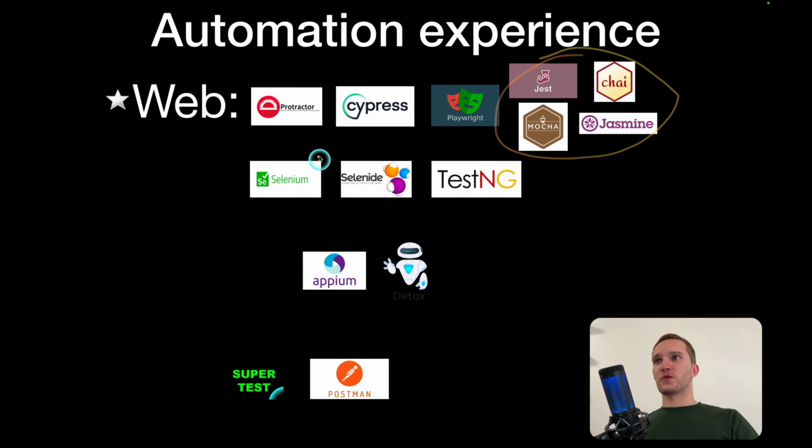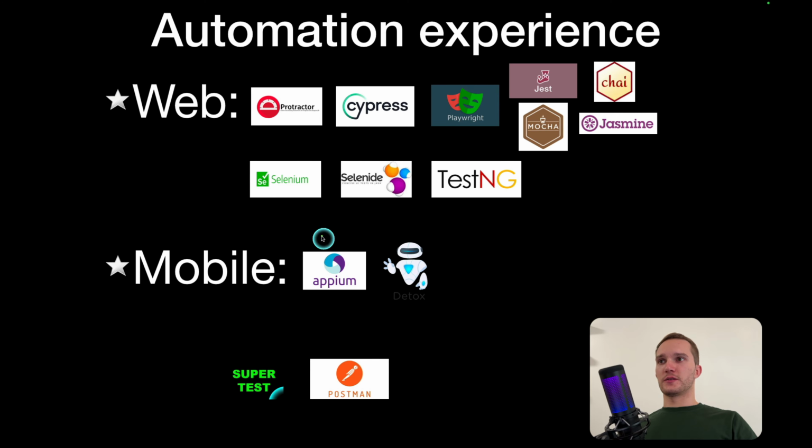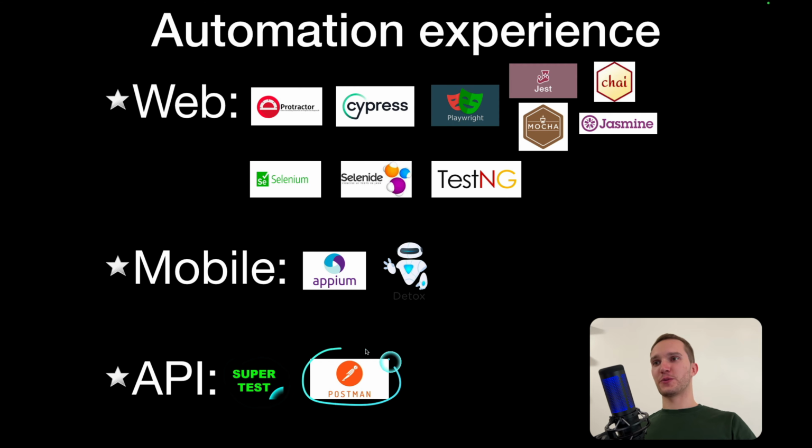I also worked with Java for some time, Selenium, Selenide, TestNG. For mobile automation, I used to work with Appium and also Detox. Recently, I've been working with Detox. And for API testing, of course, good old Supertest and Postman.